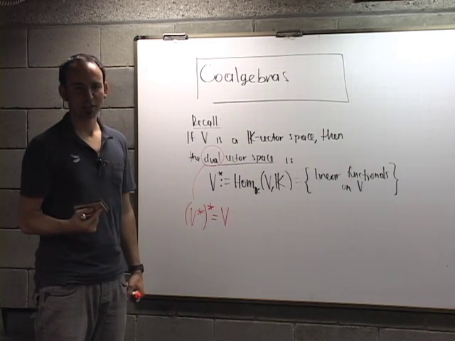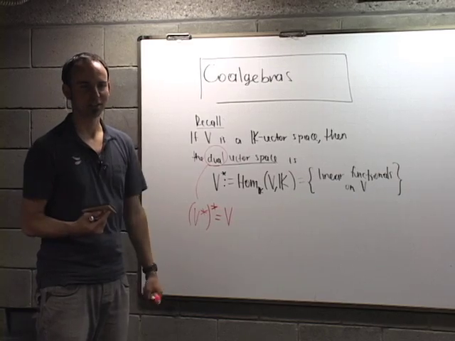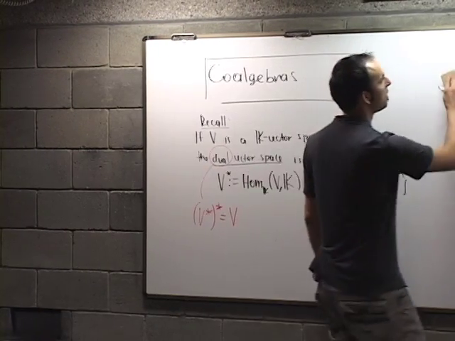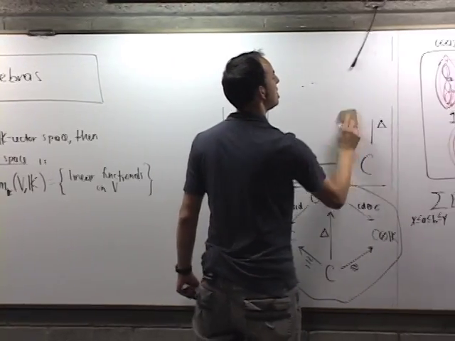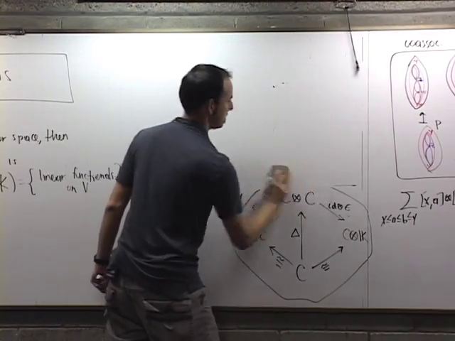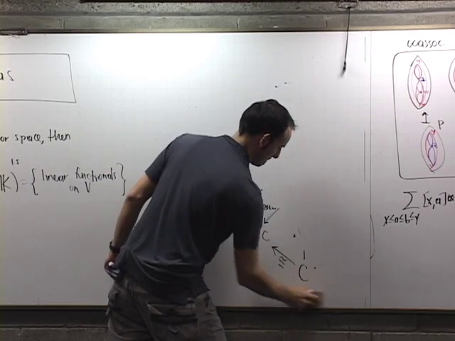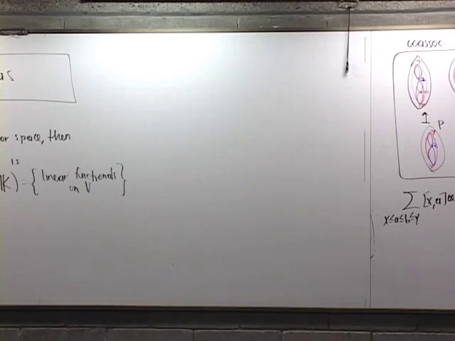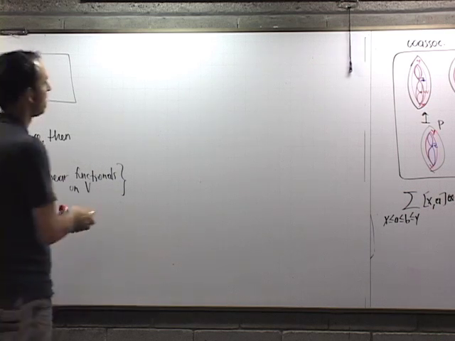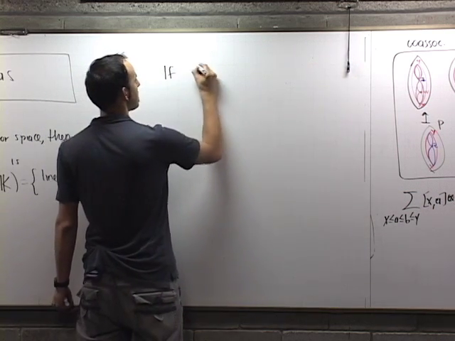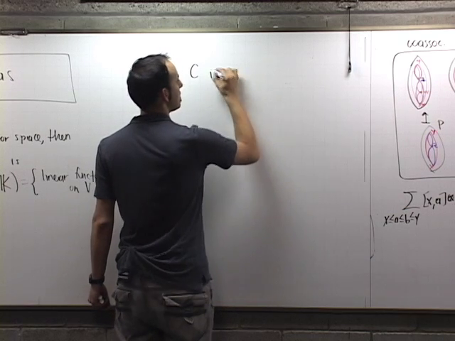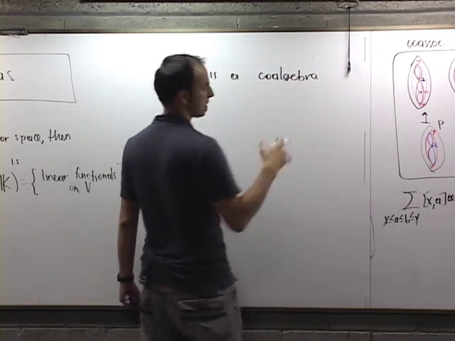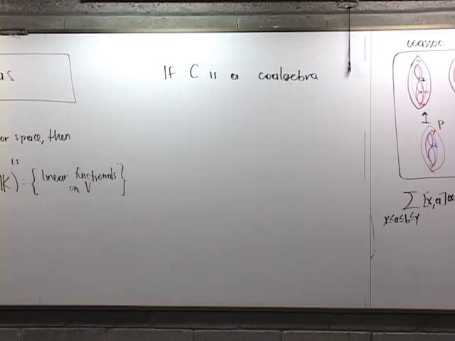And so what is the statement that you would make about algebras and coalgebras? What would be your guess about algebras and coalgebras? For example, if C is a coalgebra, meaning it's a vector space, but it has additional structure.